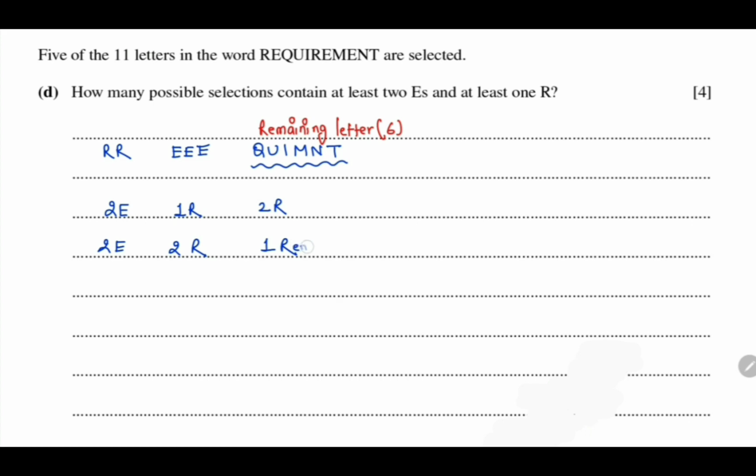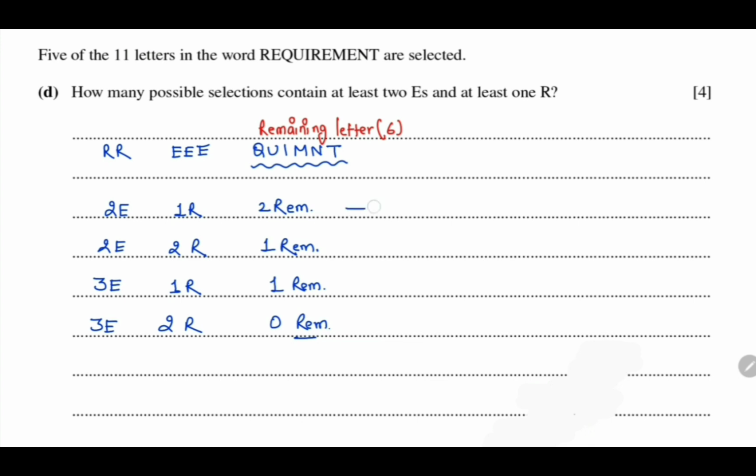So I will write REM because it is similar to R. That's why I'm writing 1 remaining. And now I'll see 3 E's can be there and 1 R. So 1 remaining. 3 E's, 2 R and 0 remaining.